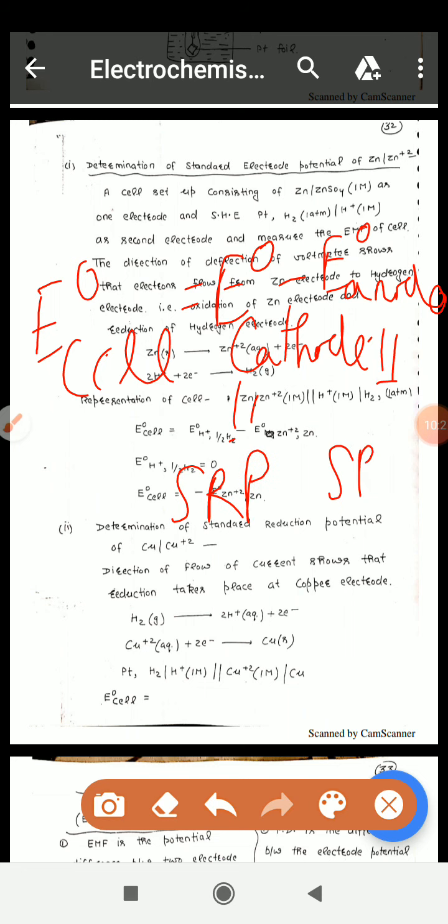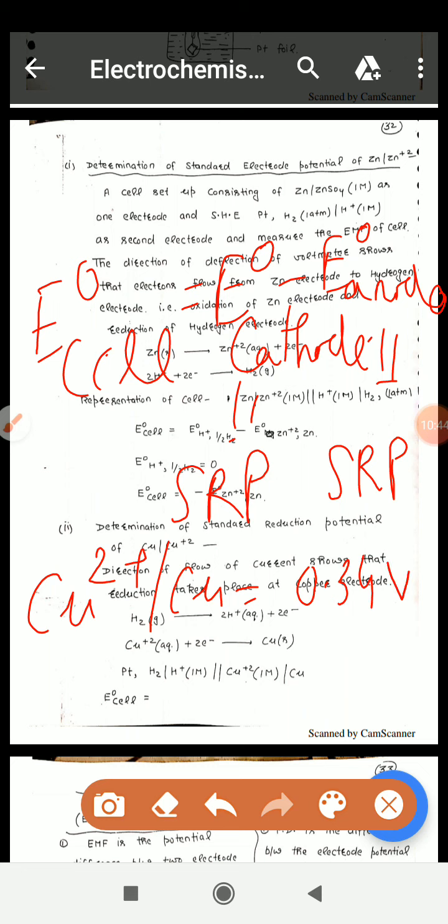Here also we use the standard reduction potential. We discuss this term, standard reduction potential. Cu²⁺ to Cu is given, and the value given is 0.34 volt.